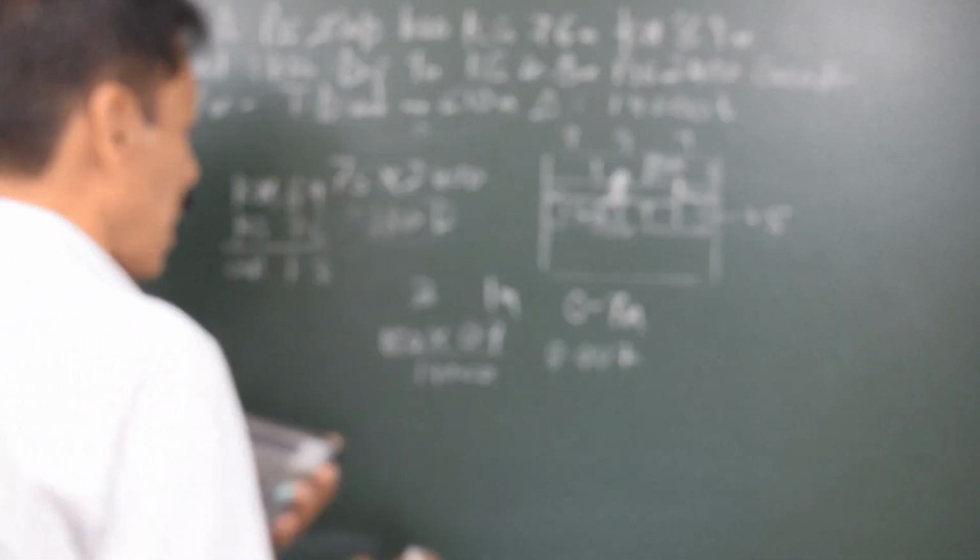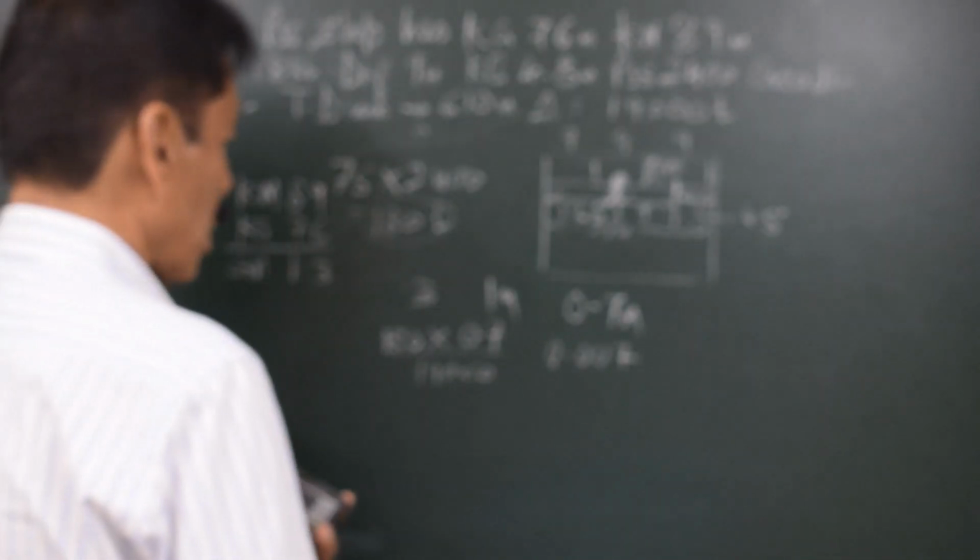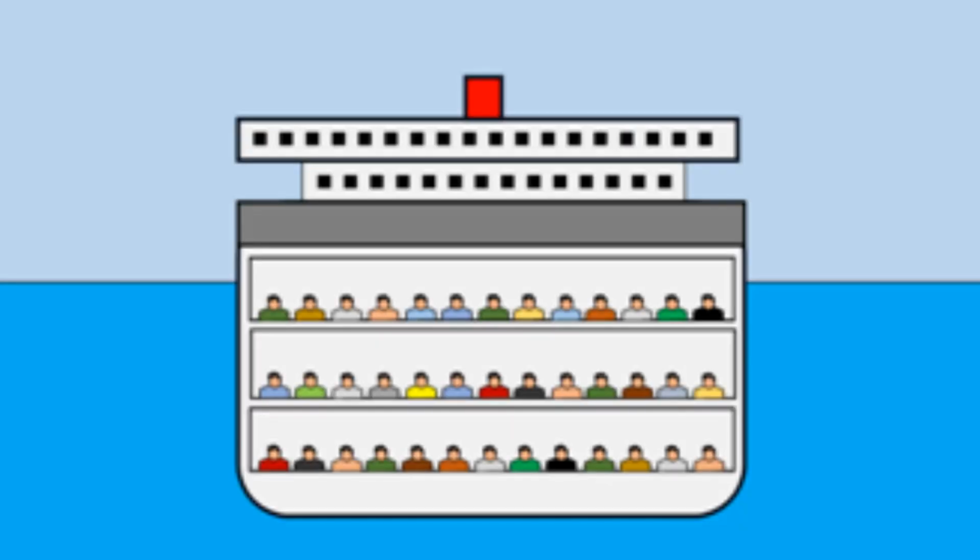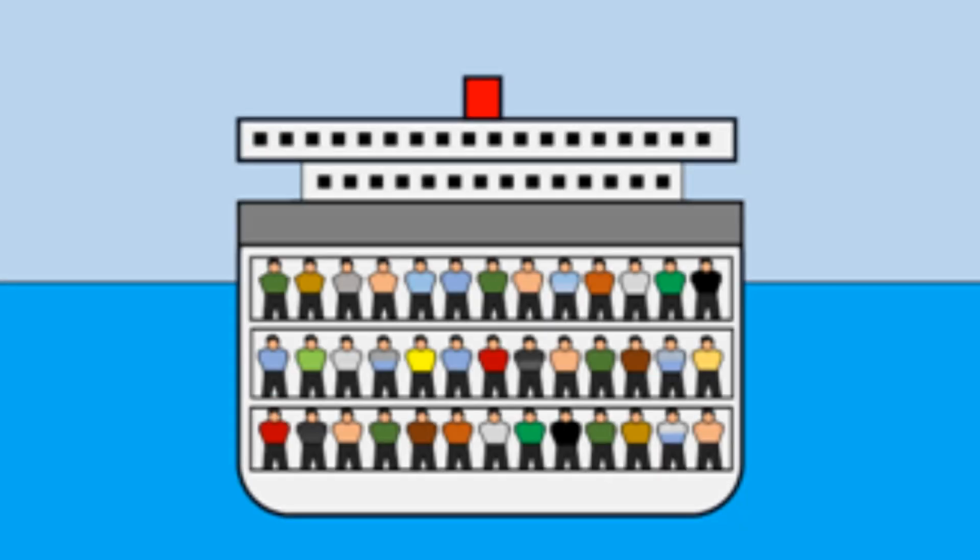So I should say that the GM reduces by 0.007, so I'll subtract it here, 0.007. So the new GM is 1.293 meters.